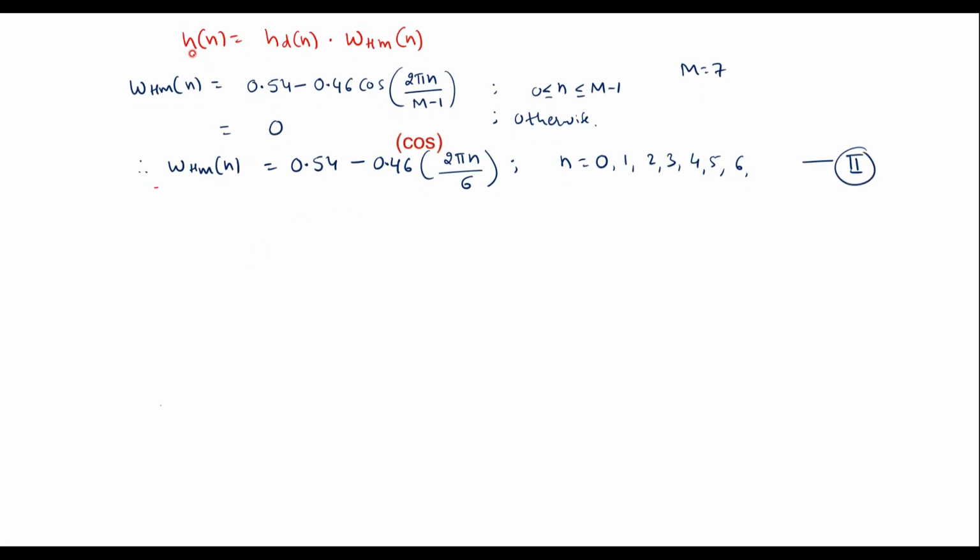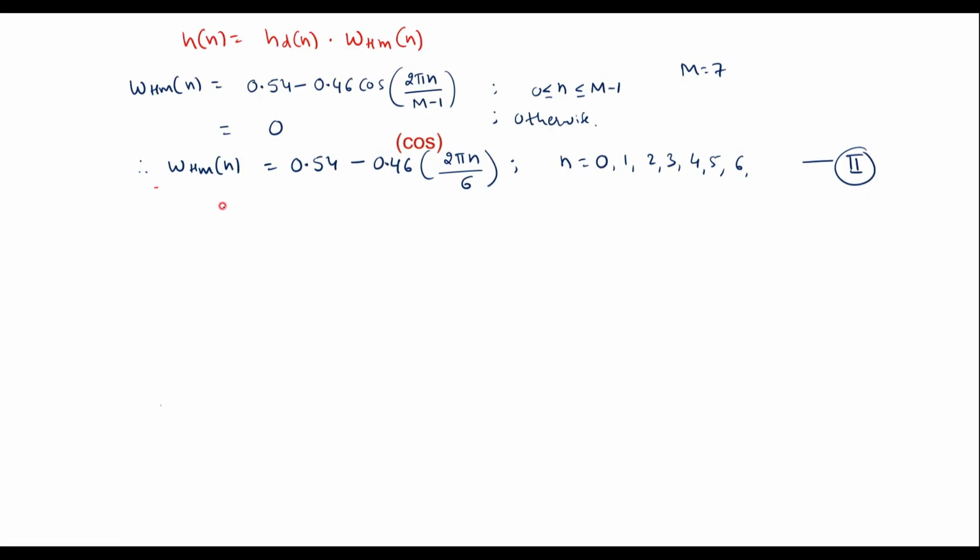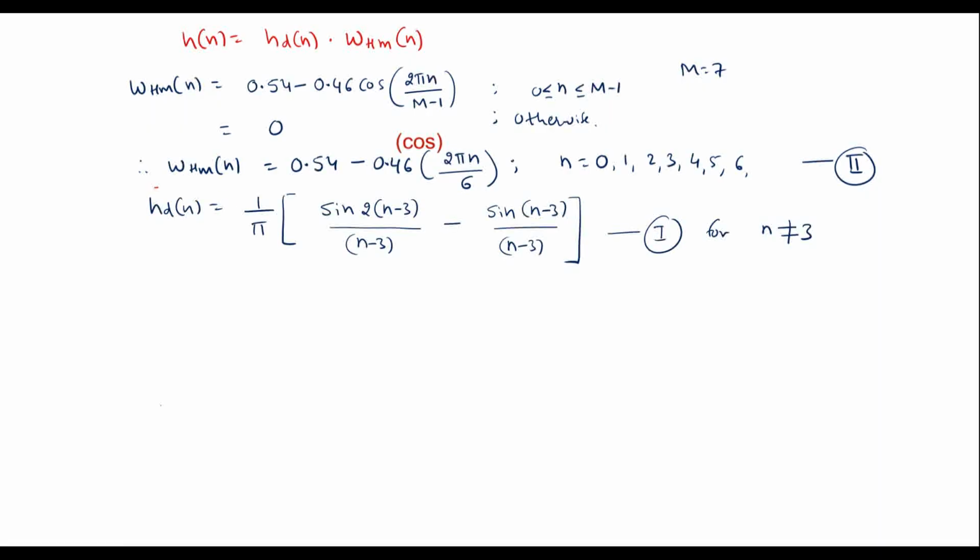So now h of n is obtained by multiplying hd of n with whm of n sequence. Here whm of n sequence I have written, and this is hd of n sequence, that is equation number 1. Let me write equation number 1 once again here. So here this is equation number 1, that is hd of n.